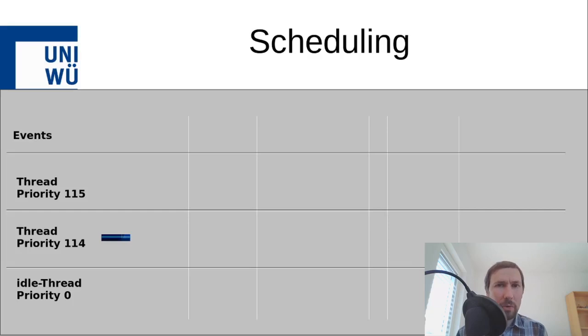So let's have a look at how scheduling works in Rodos with a small example. In this example, we have 2 threads, one with the priority 115 and one with the priority 114. The idle thread is always there in Rodos. This is a default hidden thread that basically runs when no other thread is active.